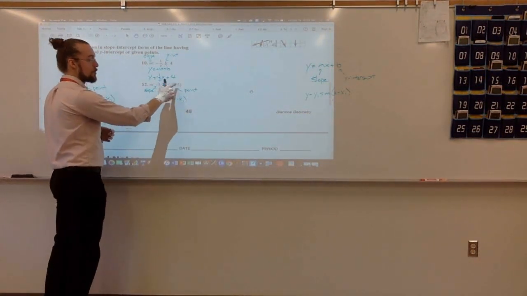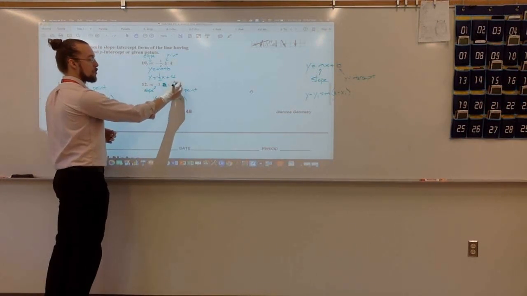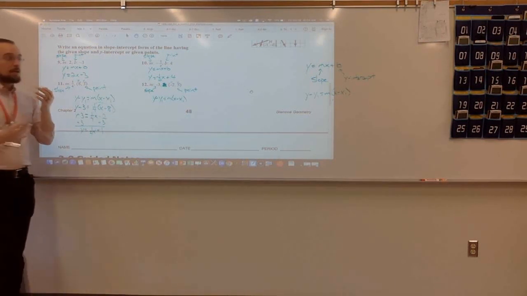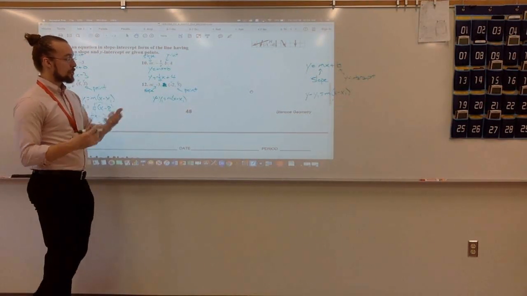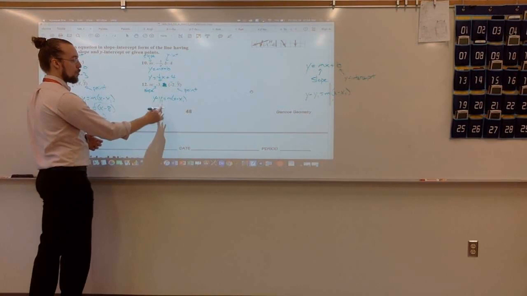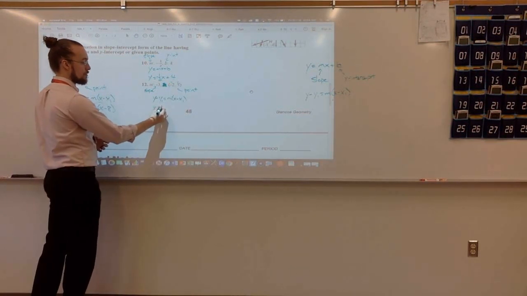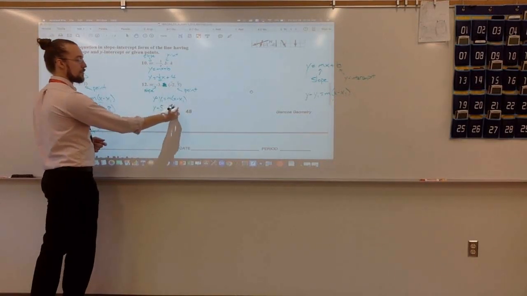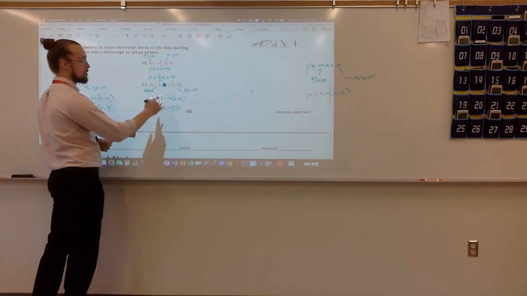Okay, and we can label our point. This would be x1, y1. So I plug this information in now. So my y1 is 5, so y minus 5 equals, my slope is -3 times x.